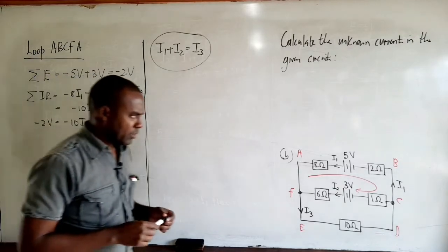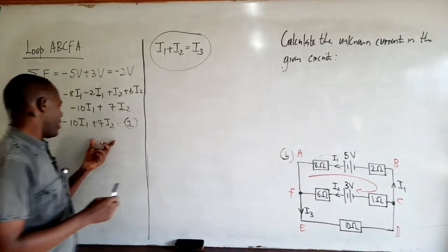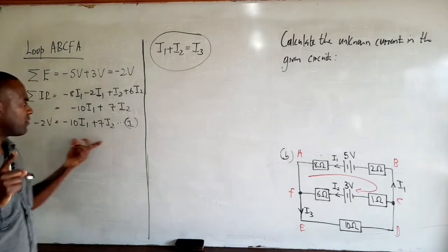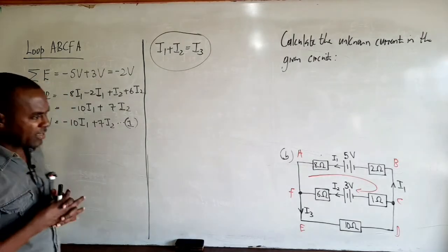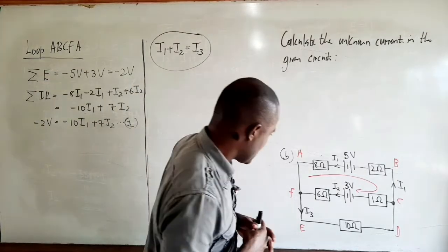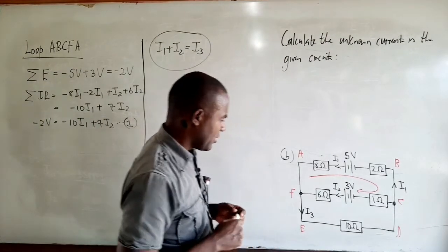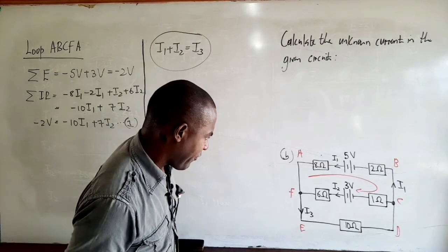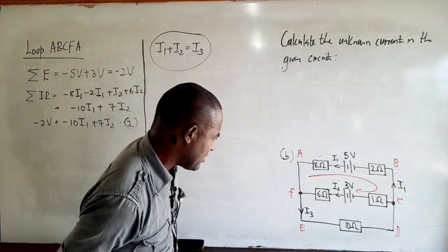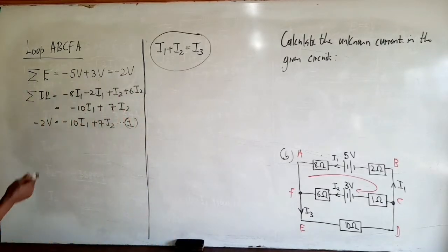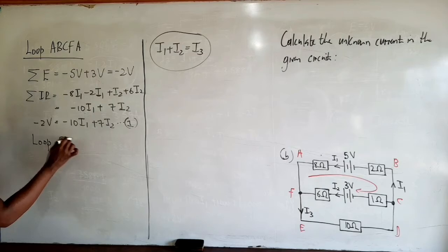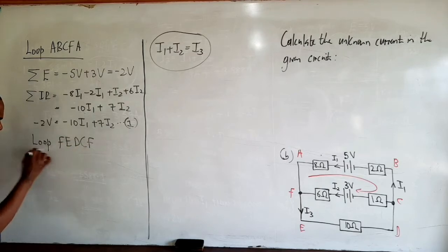Good? Now, we have two unknowns in one equation, so we need one more equation to be able to solve for these two unknowns. And to get that second equation, let's traverse loop FEDCF.